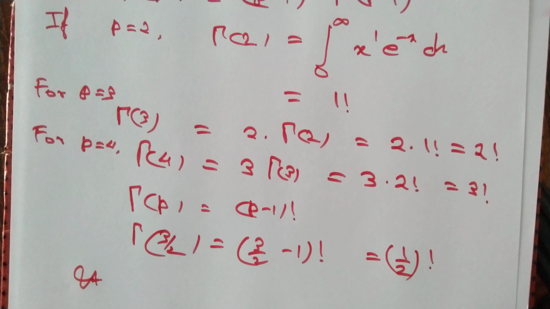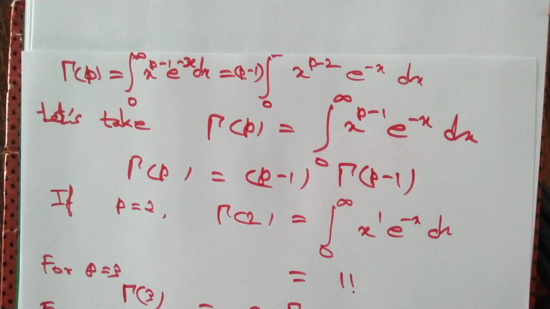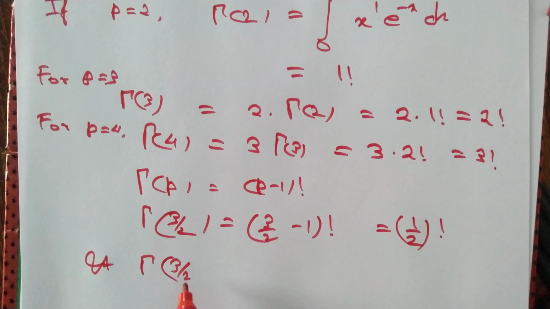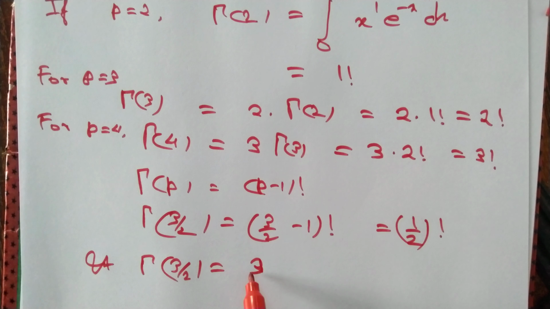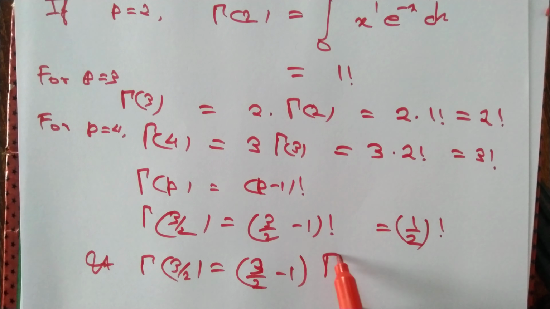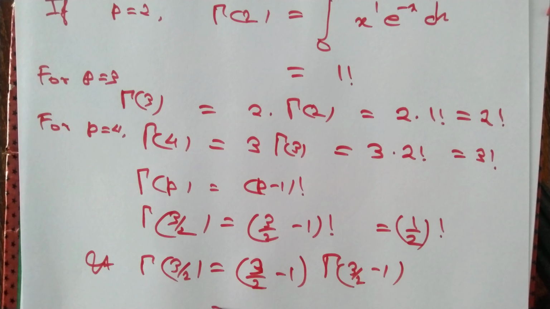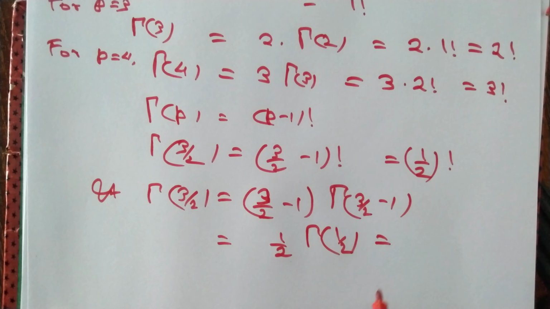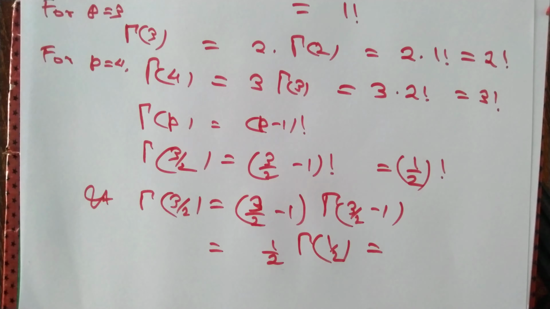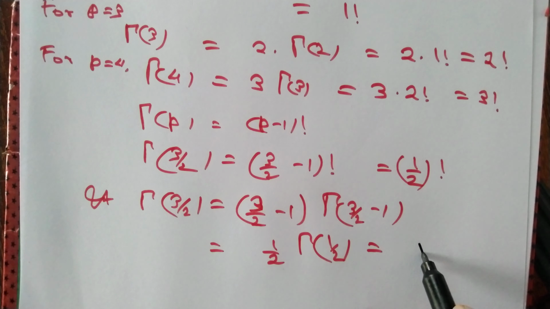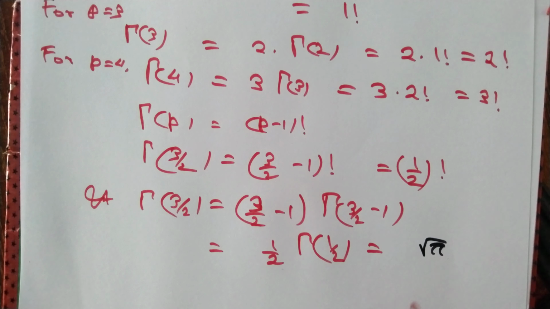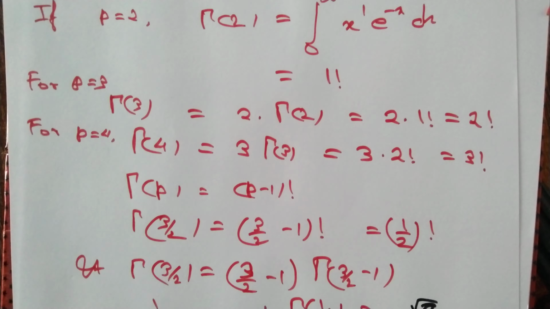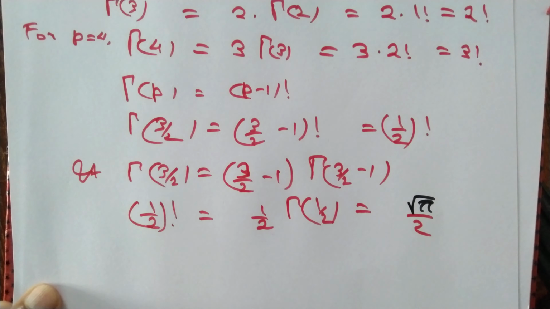And by using the recurrence relation, gamma p equals p minus 1 times gamma p minus 1, we see that gamma 3 by 2 is equal to 3 by 2 minus 1 times gamma 3 by 2 minus 1, which is equal to half gamma half, and we know that gamma half equals root pi, so this is equal to root pi by 2. And since we were associating gamma 3 by 2 with factorial half, factorial half turns out to be root pi by 2.